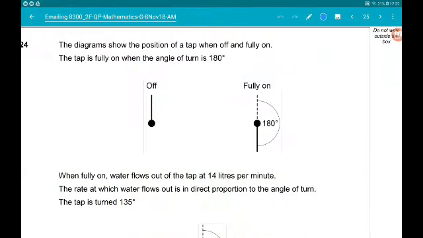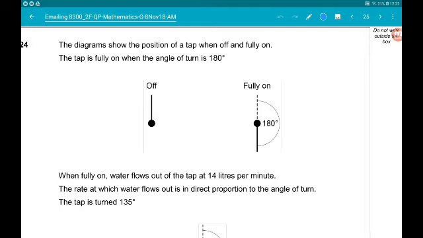Okay, 24. This one's caused a lot of problems, so I think it looks a lot scarier than it is because it takes up a whole page. So the diagram shows the position of a tap when fully off and fully on. The tap is fully on when the angle of turn is 180 degrees.